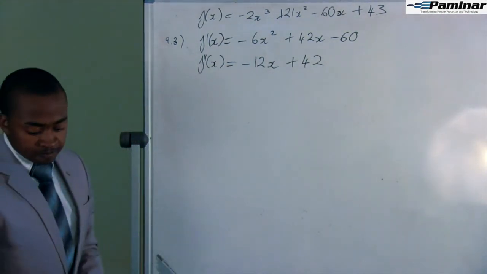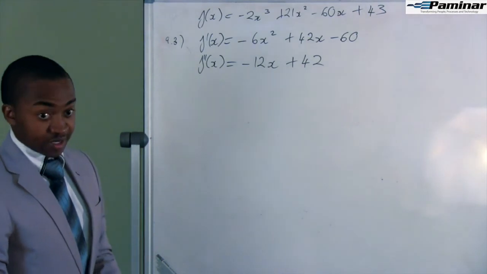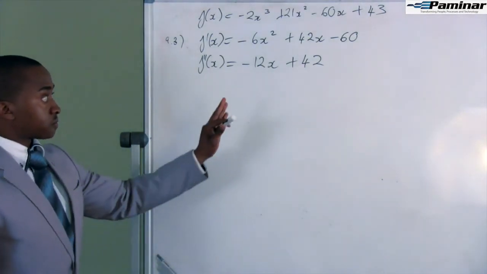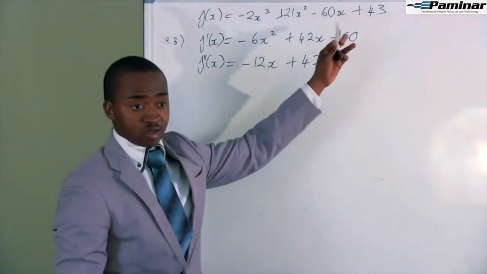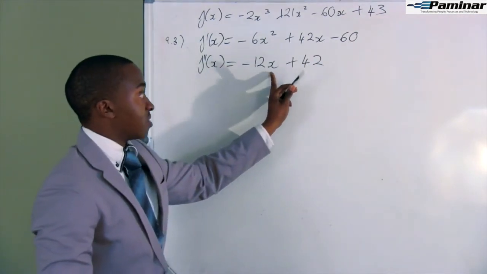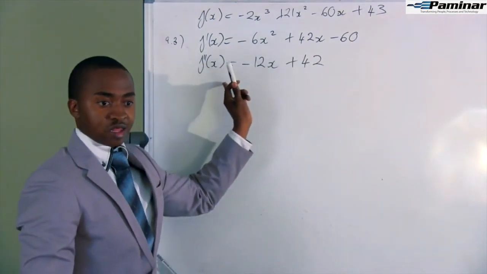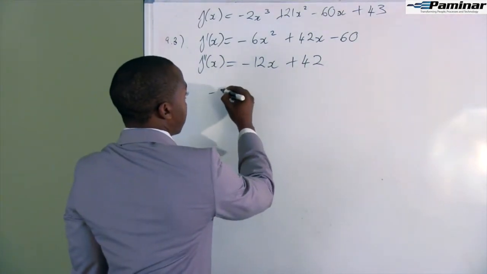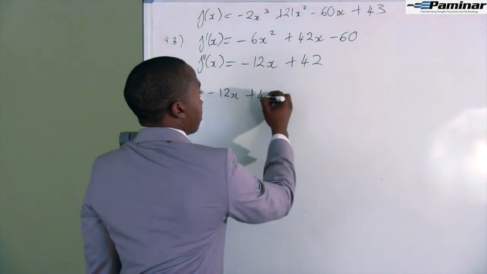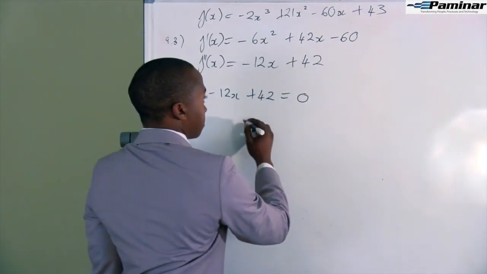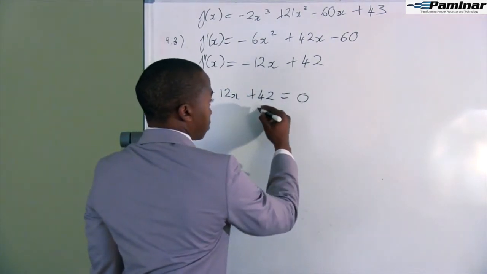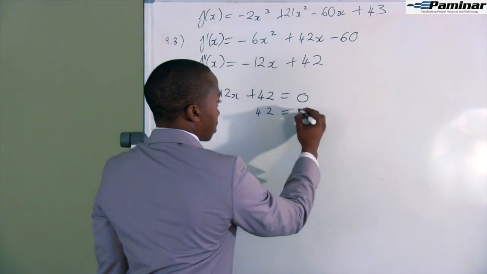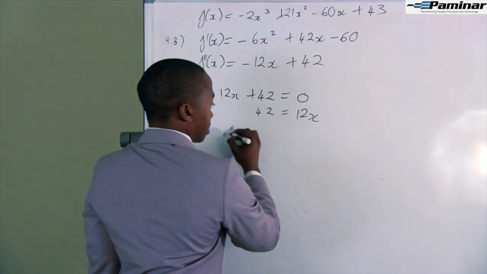And then, just like you did with the first derivative, you solve for x, right? In this instance, we're going to solve for x at that double derivative. So eventually we have minus 12x plus 42 should equal 0. If we take the 12x over, it becomes 42 should equal 12x.